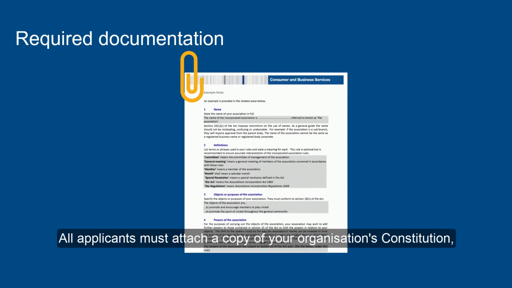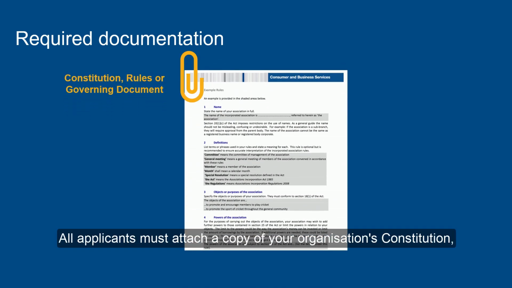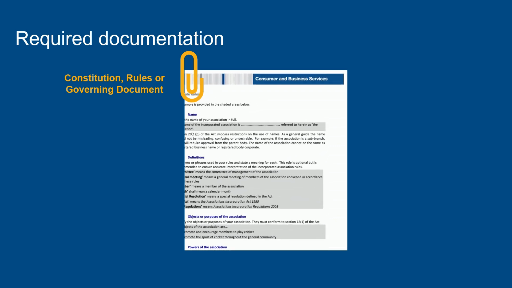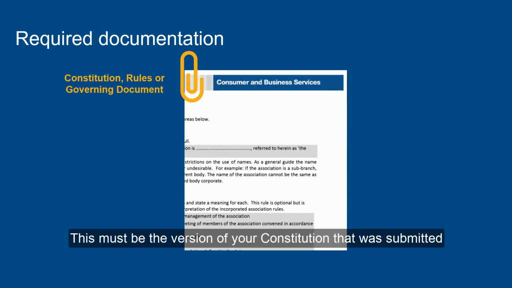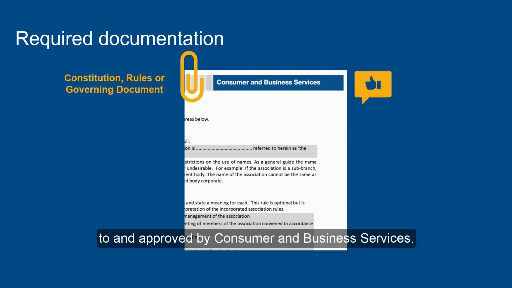All applicants must attach a copy of your organization's constitution, rules, or governing document to the online application form. This must be the version of your constitution that was submitted to and approved by Consumer and Business Services.